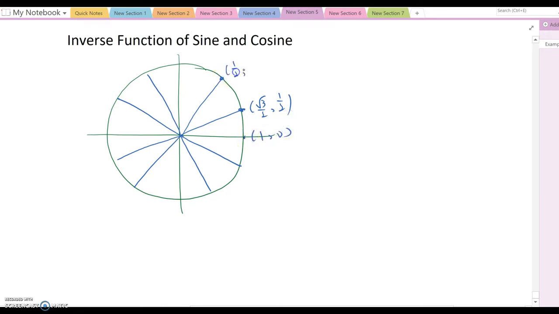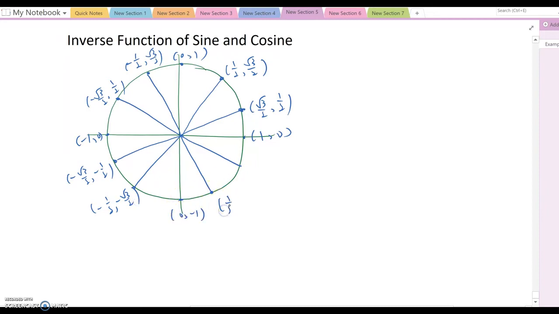This is the 1 over 2 comma root 3 over 2, and 0 comma 1, negative 1 over 2 comma root 3 over 2, and negative root 3 over 2 comma 1 over 2, negative 1 comma 0, negative root 3 over 2 comma negative 1 over 2, negative 1 over 2 comma negative root 3 over 2, 0 comma negative 1, 1 over 2 comma negative root 3 over 2, and then root 3 over 2 comma negative 1 over 2, and go back to 1, 0 here.